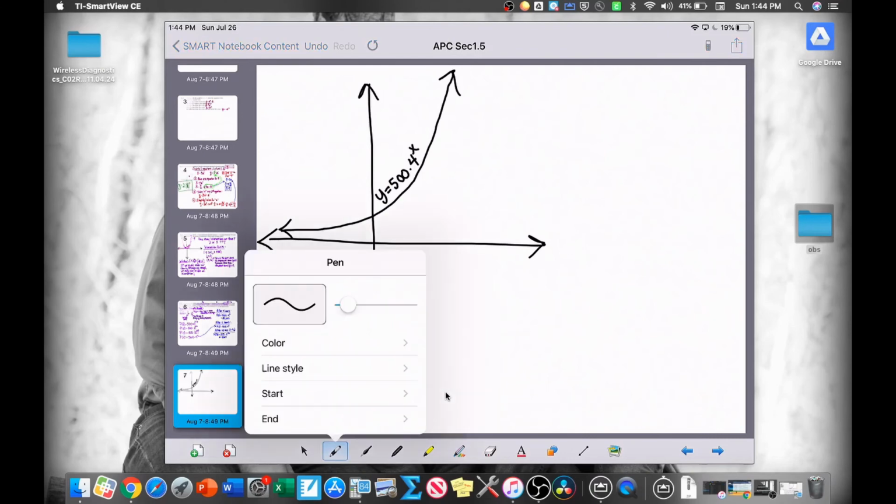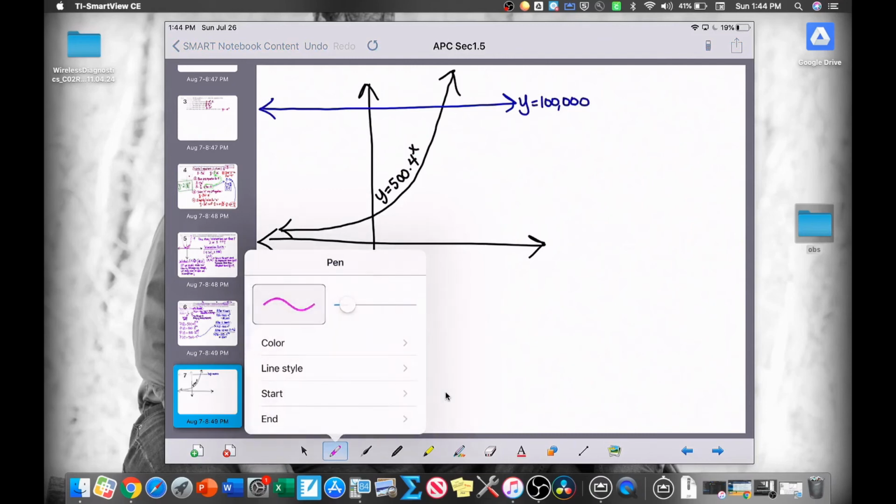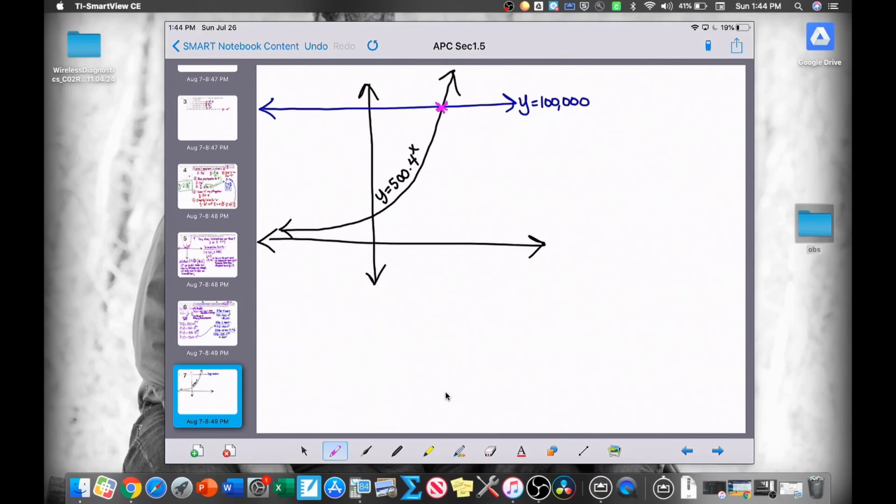So what if I draw another line on my graph right here, and this is just y equals 100,000. Then I'd be looking for this ordered pair right here. And I just want to know what is the x value where those two lines cross each other.